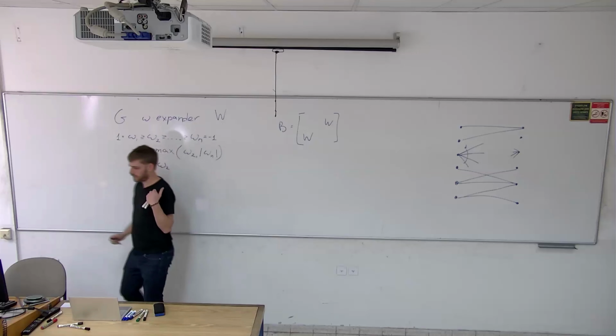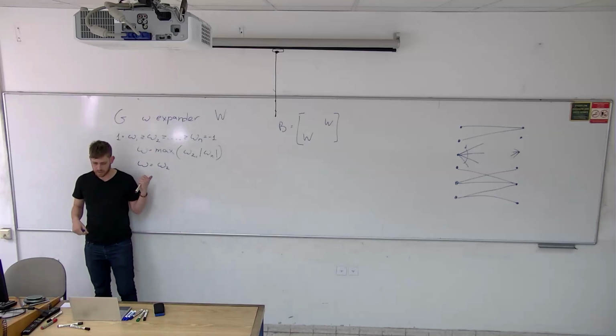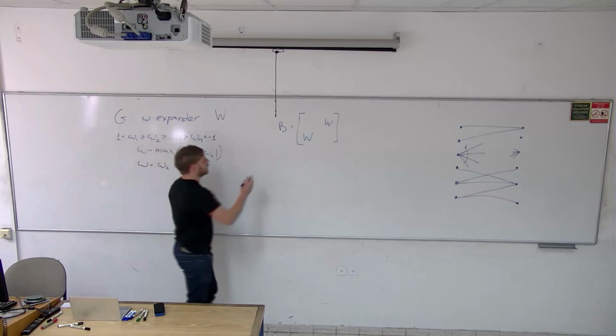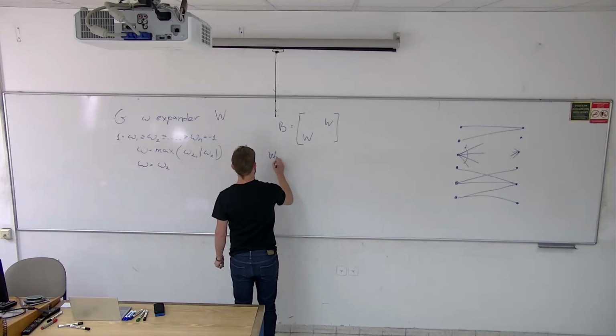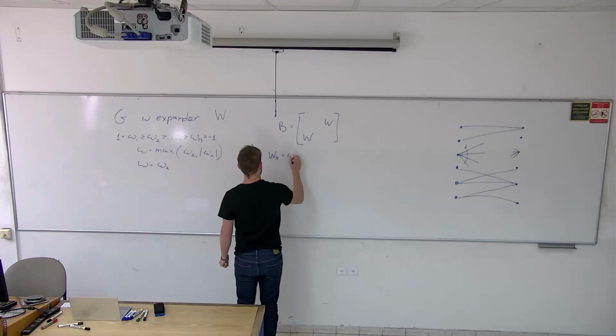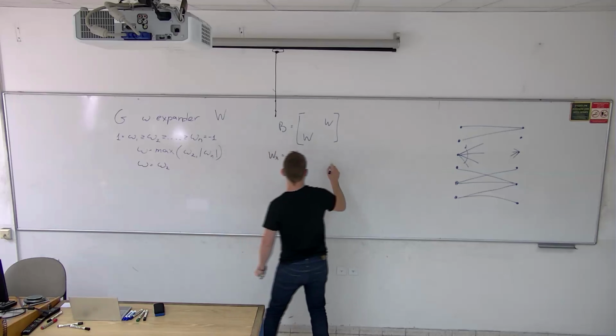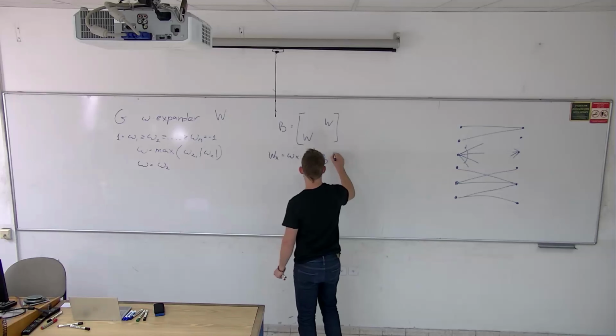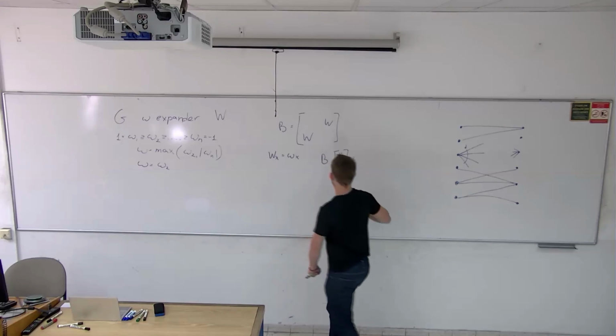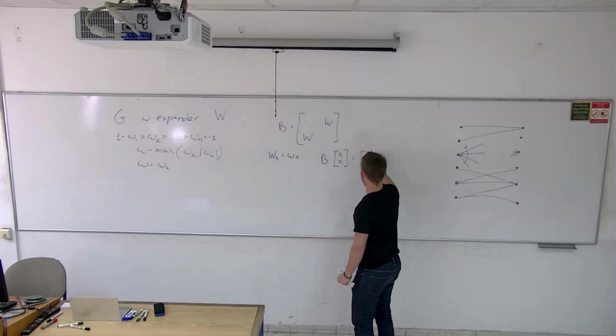And this will be a bipartite expander. Okay, why? Because if Wx equals omega x, then B times (x, x) equals omega times (x, x).